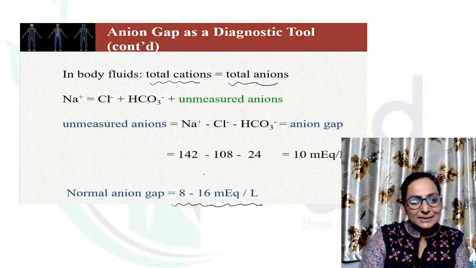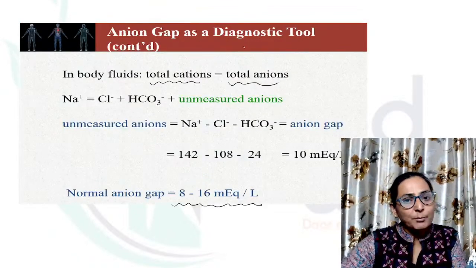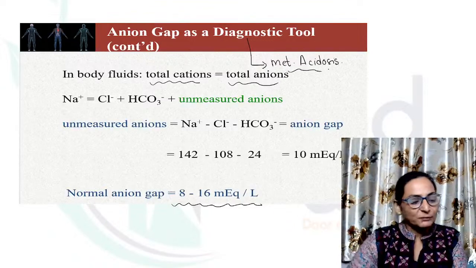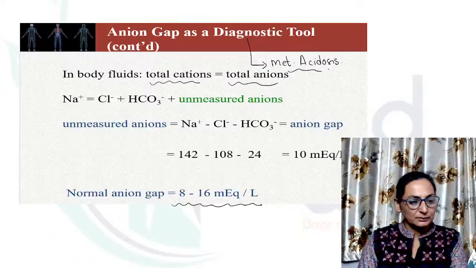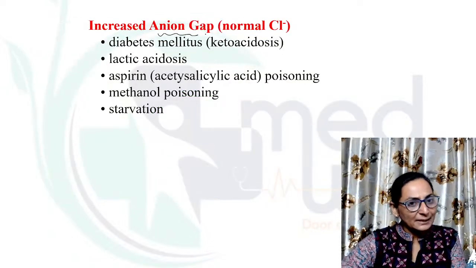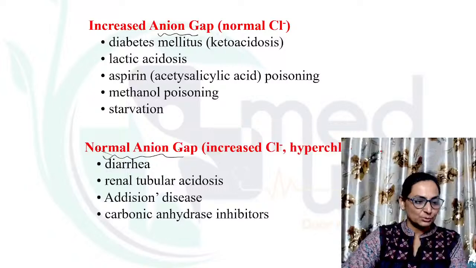Now, remember, this anion gap is a very important diagnostic tool only in the case of metabolic acidosis. It is not useful for any other condition. There can be increased anion gap metabolic acidosis, or normal anion gap metabolic acidosis.